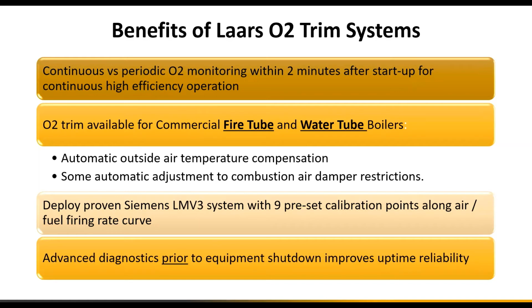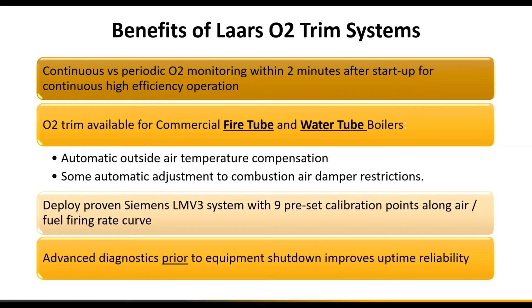Likewise, if you have a mechanical room with automatic combustion air dampers to the outside, and one of these dampers gets stuck and somewhat inhibits the flow of combustion air into the mechanical room, the O2 trim sensor can make some adjustments for it. If there's no air available, the O2 trim system cannot fully compensate for that, but if there's some misadjustment in the system, it can most certainly accommodate that.